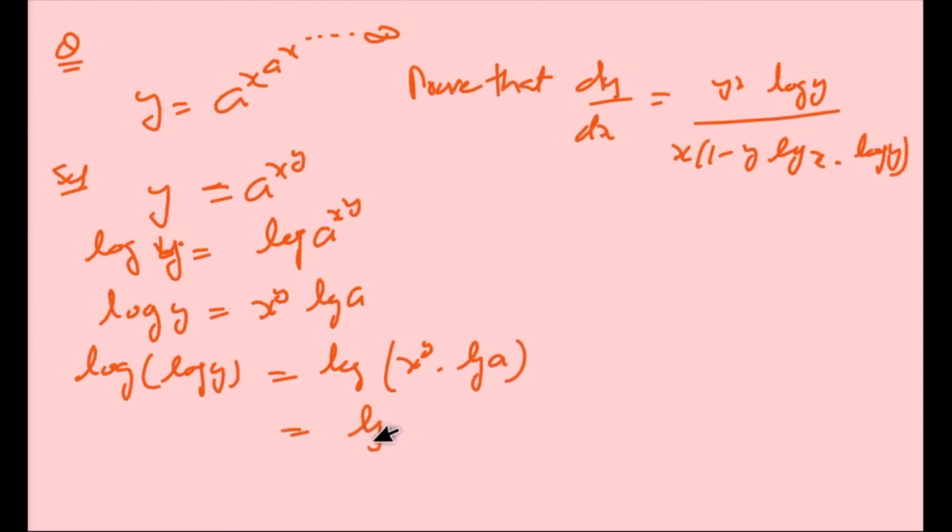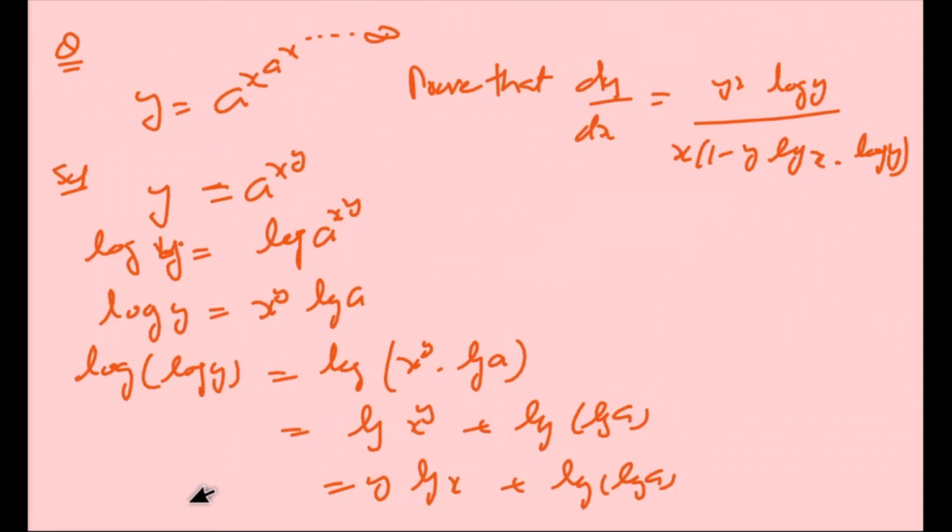We can use this formula: log of x to the y plus log of log a. Now we can write here y log x plus log of log a. Okay, so now we will differentiate both sides.